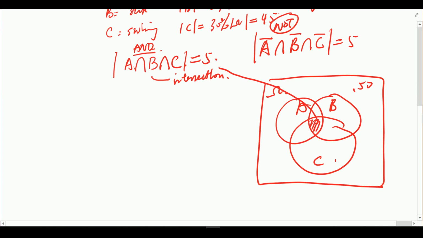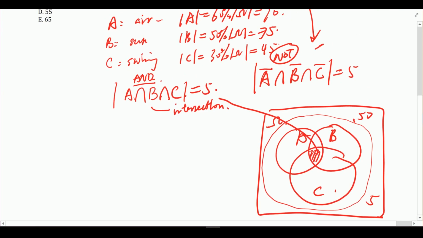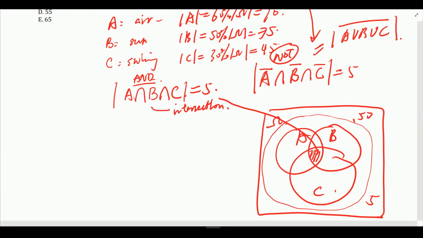And not A and not B and not C means you have none of them, which is basically outside this area. In this area you have 5. From the chart you already know this is equal to not (A or B or C). If you want, this is called De Morgan's law, but from the chart you can easily find it out.